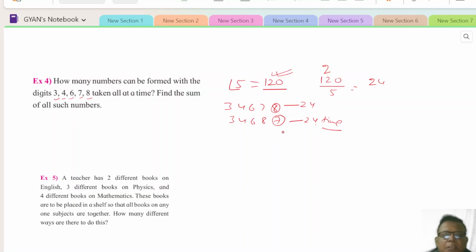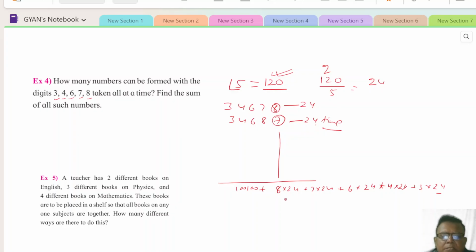That means at unit place, 8 into 24 plus 7 into 24 plus 6 into 24 plus 4 into 24 plus 3 into 24 will be there. At tens place also same, hundreds place also same, thousands place also same.